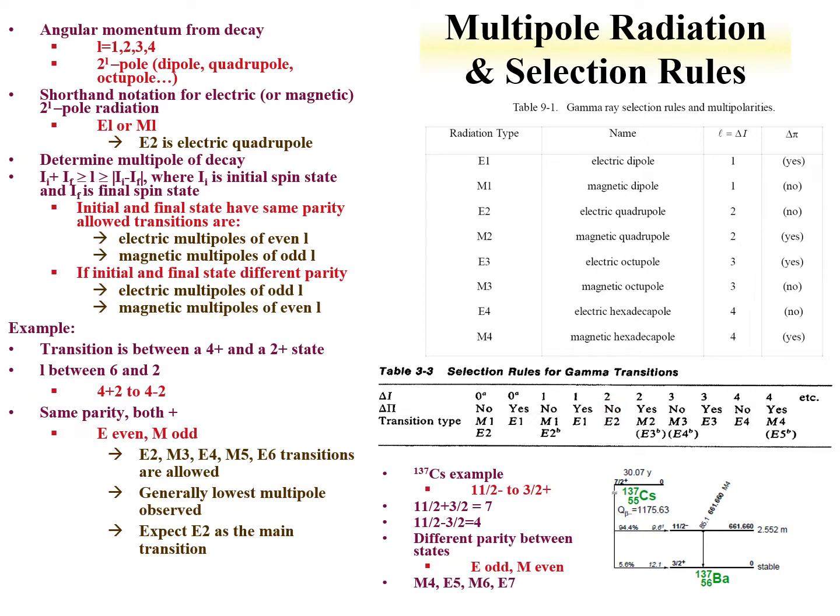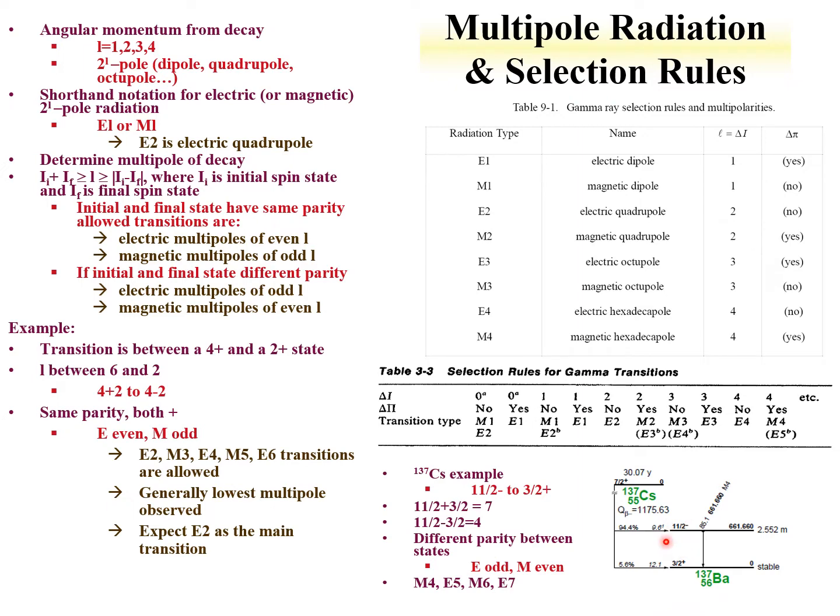Now we can look at another example, cesium-137. We can pull this out of the table of the isotopes. The cesium-137, the gamma decay, it goes from the 11/2 minus state to the 3/2 plus.